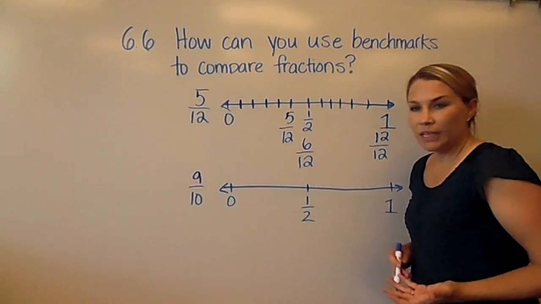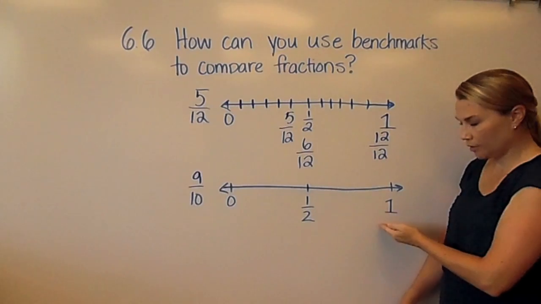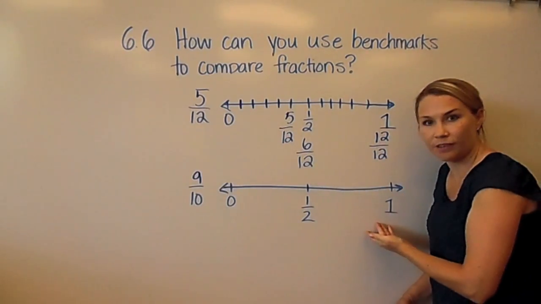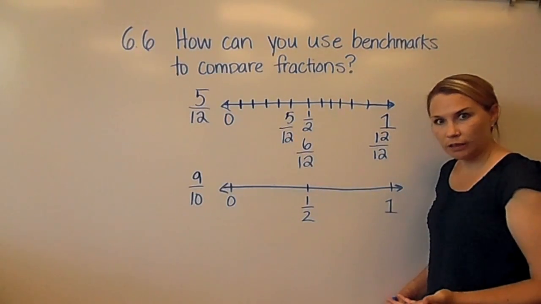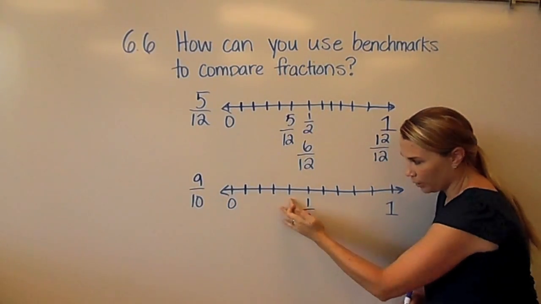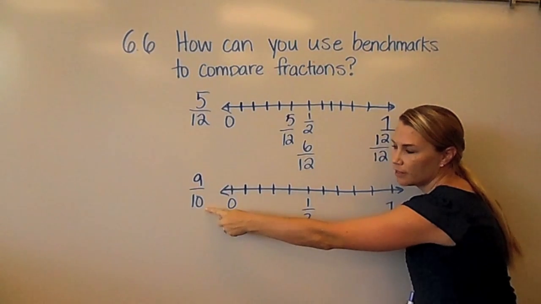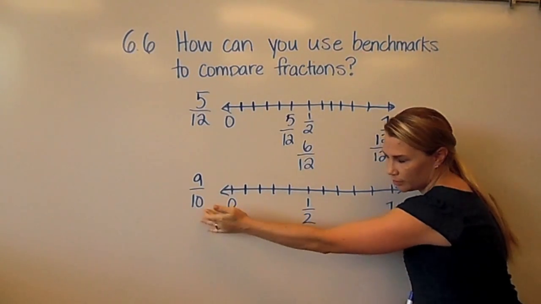Now I'm going to take my number 9/10 and I'm going to use my benchmarks to see where 9/10 falls on the number line. So I've divided up my number line into 10 marks this time because the denominator is 10. This one's cut into 10 pieces, or it's 10 parts.